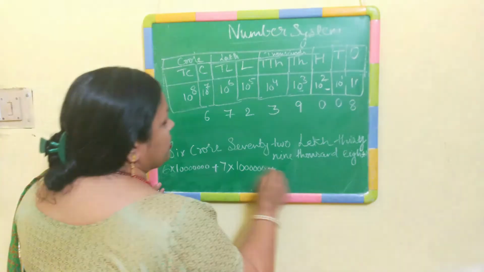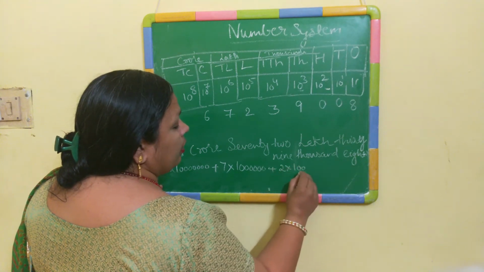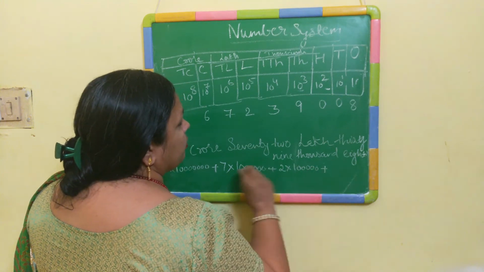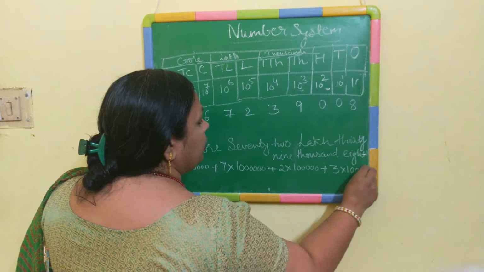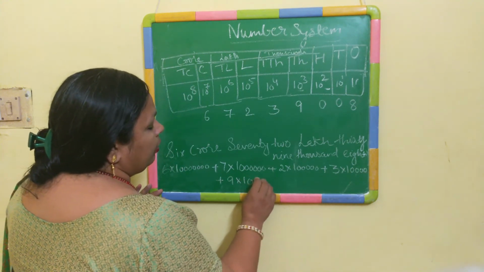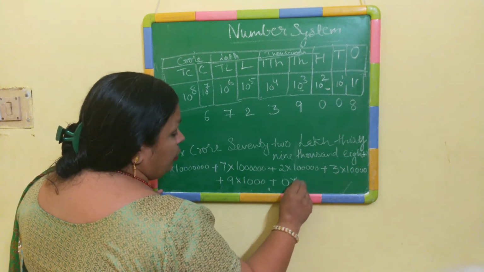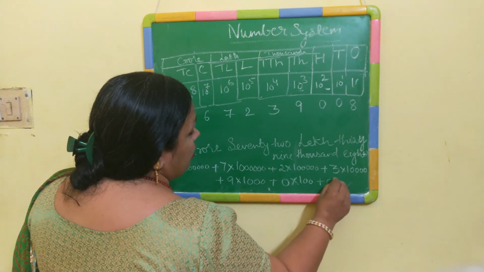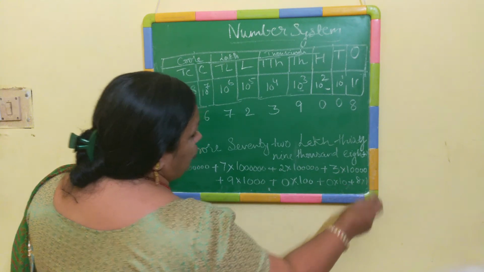Clear? Plus 2 into 1 followed by 5 zeros, plus 3 into 1 followed by 4 zeros, plus 9 into 1 followed by 3 zeros, plus 0 into 100, plus 0 into 10, plus 8 into 1.